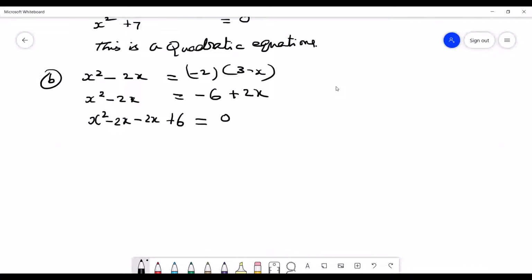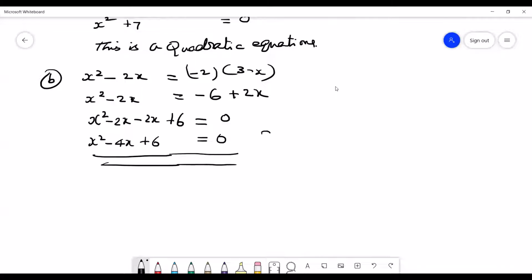So we will get x square minus 4x plus 6 equal to 0. So this is also in quadratic form. So this is a quadratic equation.